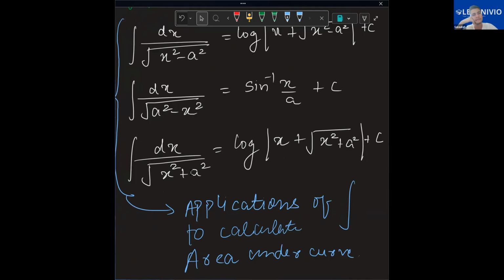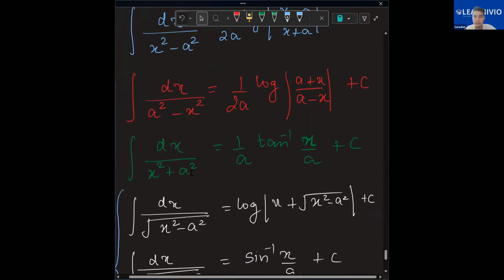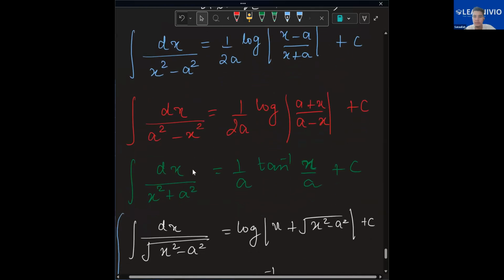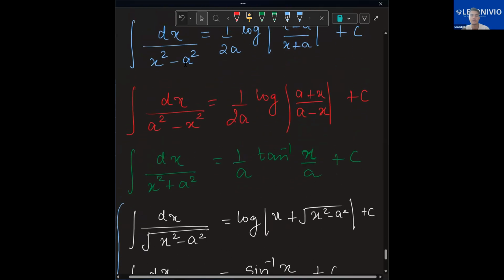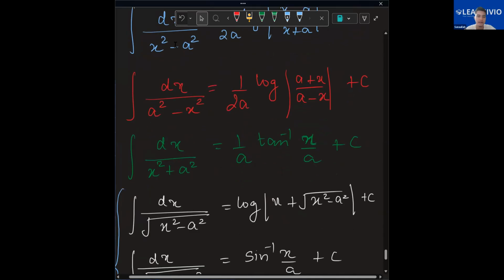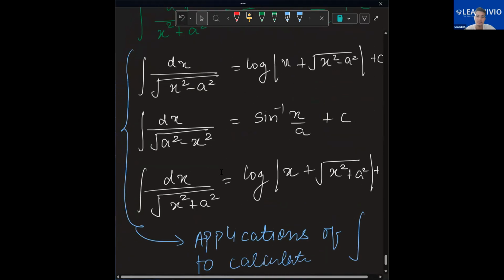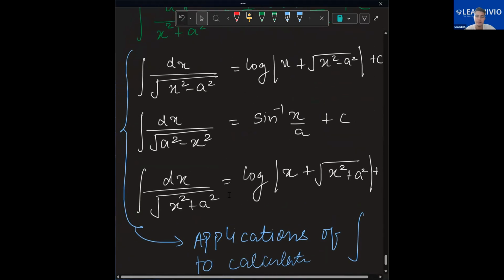Is it done? There are a total of 6 formulas in this category. Out of these, the last 3 are going to be useful in your application of integrals.